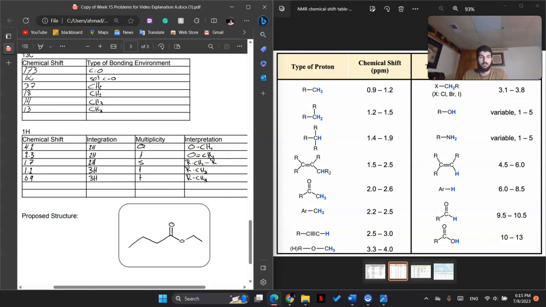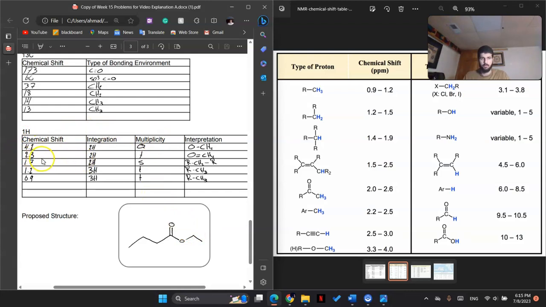And then at 2.3, I had a quartet, which is this carbon right here. The neighboring environment has 3 hydrogens, and following the n plus 1 rule, that would give us 3 plus 1, which would make the peak for this hydrogen environment a quartet.